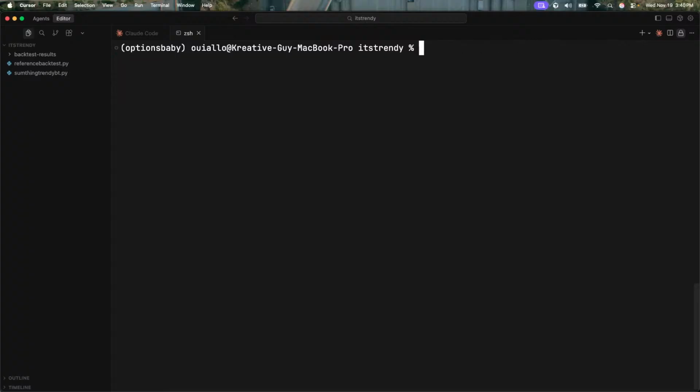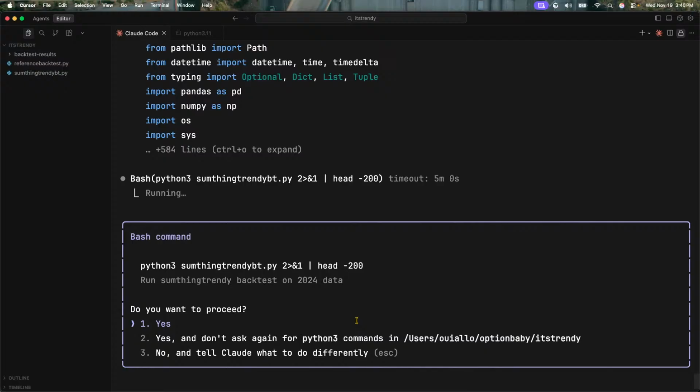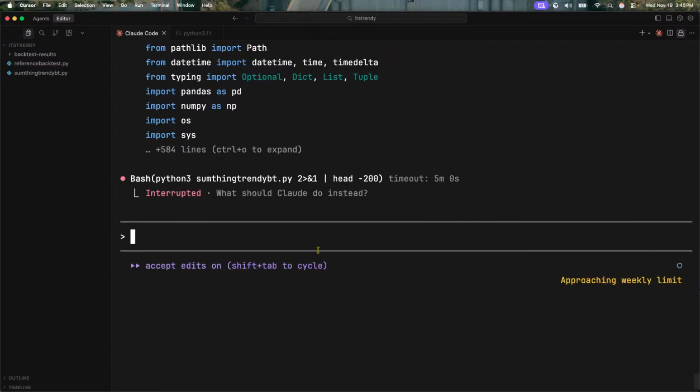Can I spell Python? There you go. How to run it. Will run it. But for now, can you lay out the full strategy params for us so we can review it?